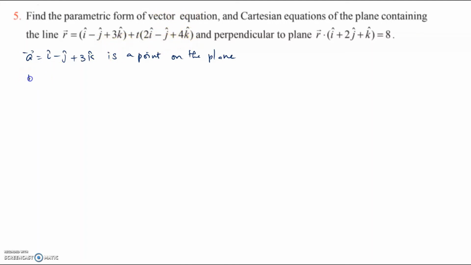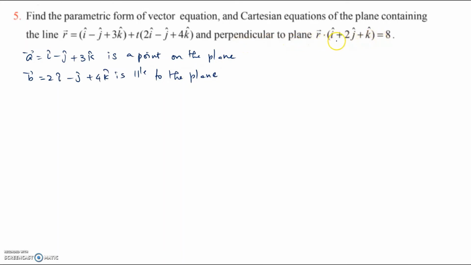So B vector is equal to 2i cap minus j cap plus 4k cap is parallel to the plane, and the plane is perpendicular to this plane given by this equation.